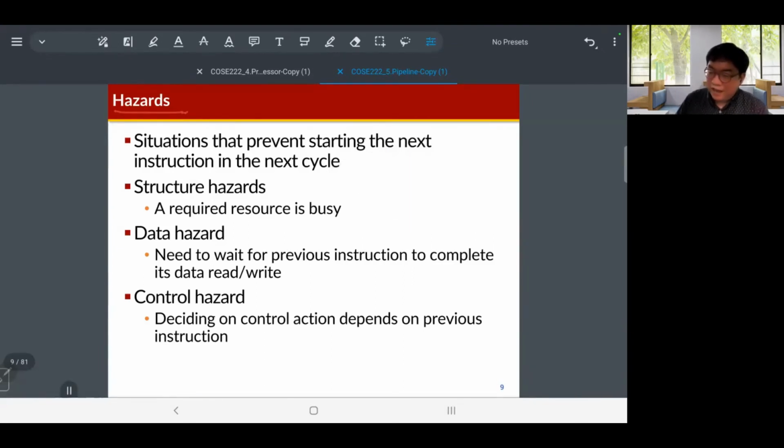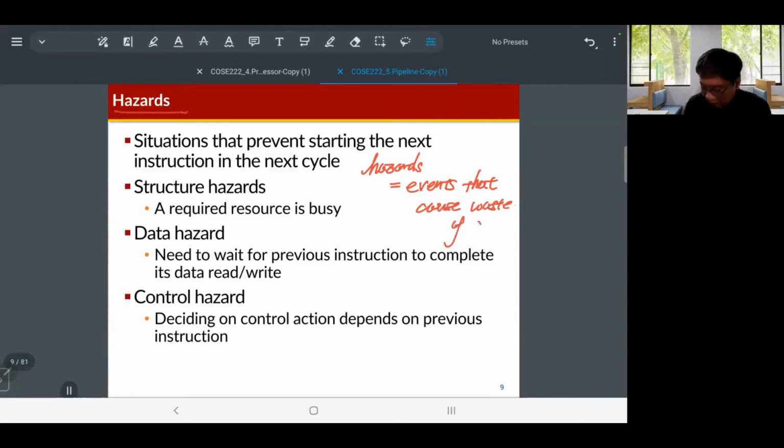We can understand a hazard as an event that causes waste of clock cycles.